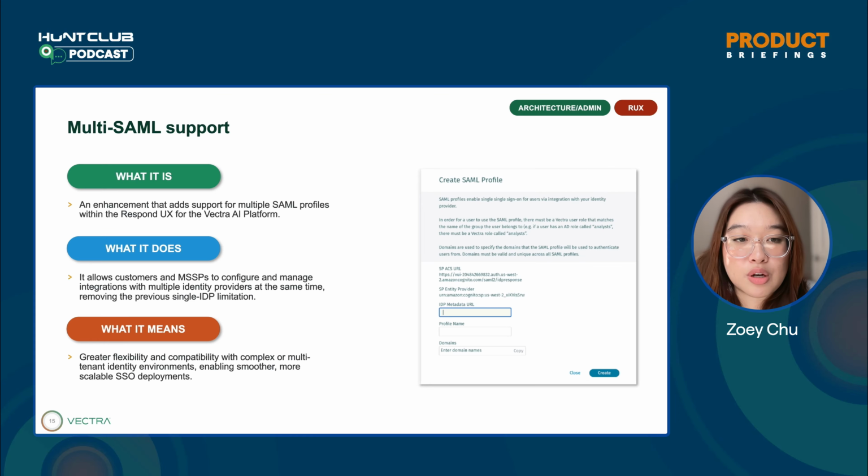So what this means is greater flexibility, compatibility with complex or multi-tenant identity environments, and smoother, more scalable SSO deployment. So definitely just making it a little bit easier to use our platform. It's a very simple enhancement, a change in the back end, but this multi-SAML support does make life a little bit easier for you.